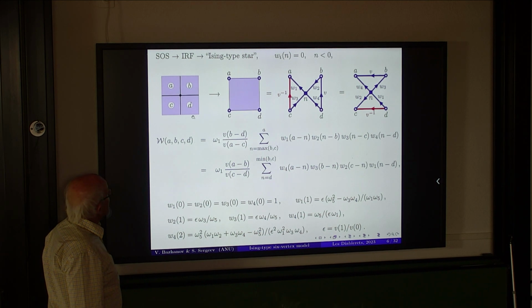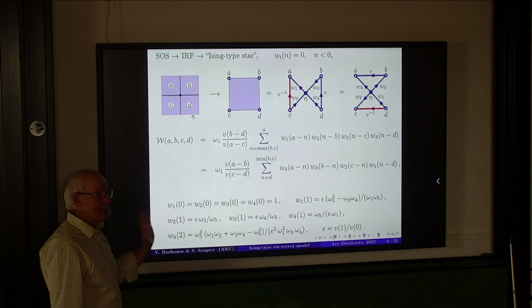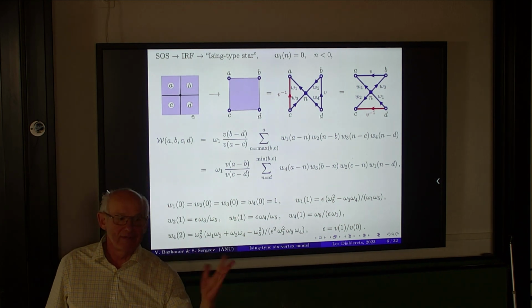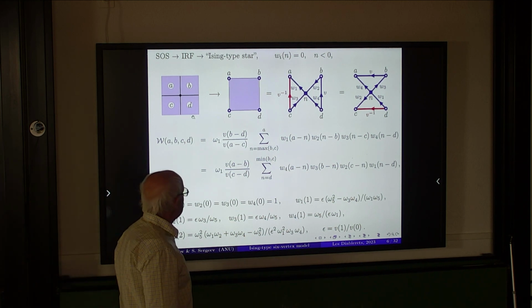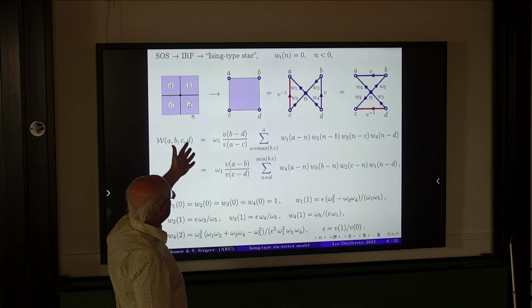Okay, and I require that when the difference of spin is negative, this Boltzmann weight is 0. They are chiral, so not symmetric with respect to reflection. And I wrote down that sum.